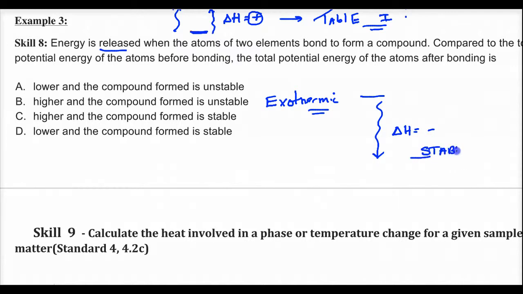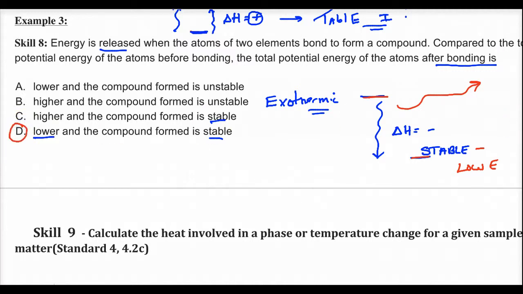So you're creating something stable. The potential energy after bonding is going to be lower and stable because you released energy exothermically. Your energy drops and you become stable with low energy. That's why choice D is the answer.